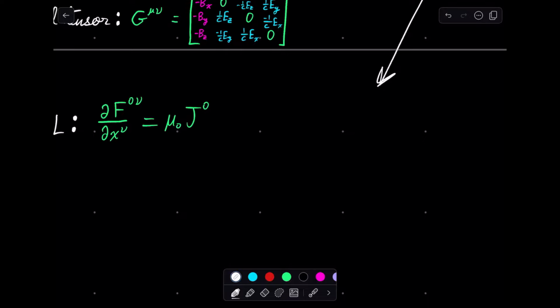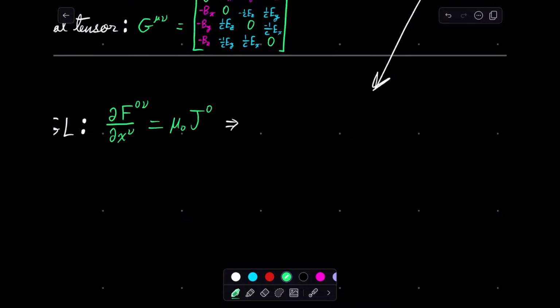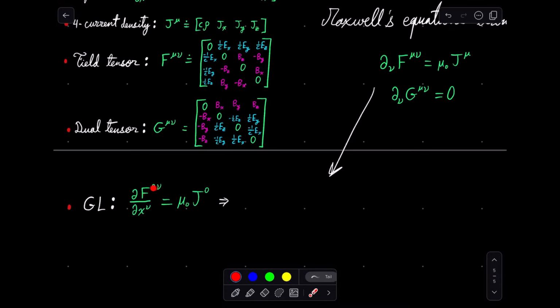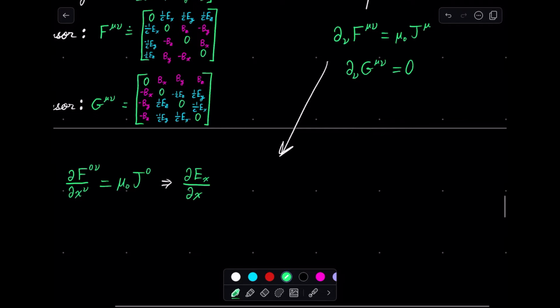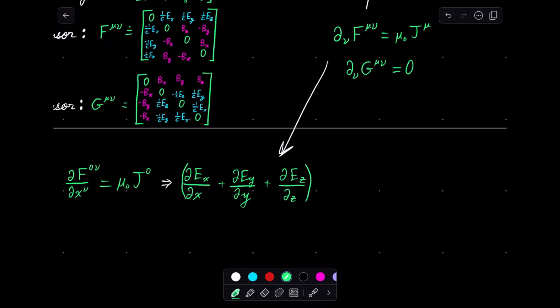And this just implies, so if you take the position, these components here, the zeroth row, and then the 0 component, and then 1, 2, 3, you end up with the partial of EX over the partial of X, plus partial of EY with respect to Y, plus partial of EZ with respect to Z. But then you get a constant out front.